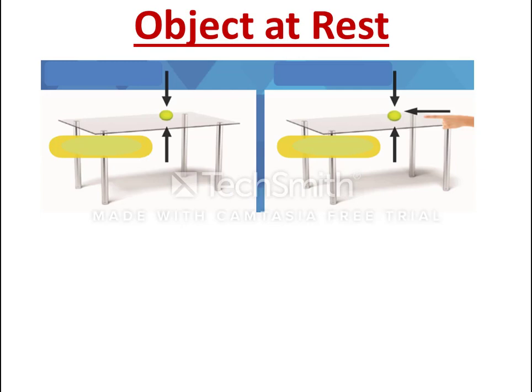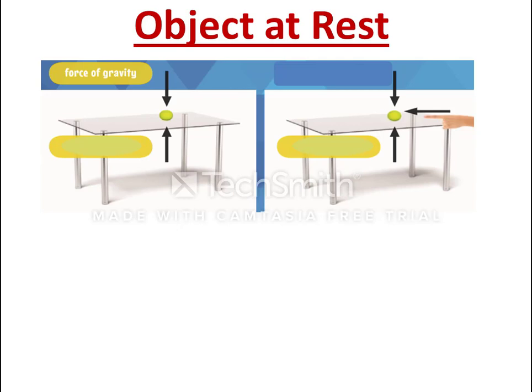Who's the smart one who is going to tell me what is the arrow going down? What is the force that is trying to pull it down? Yes, gravity, excellent. Gravity is trying to pull the ball down, so it has a force of gravity. What about the other force that is going the opposite?